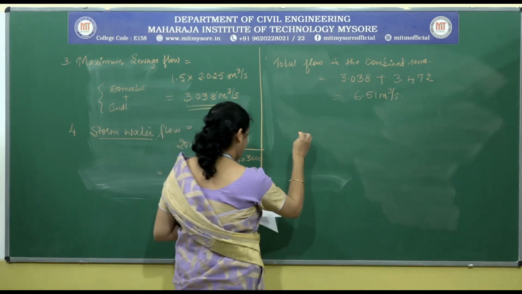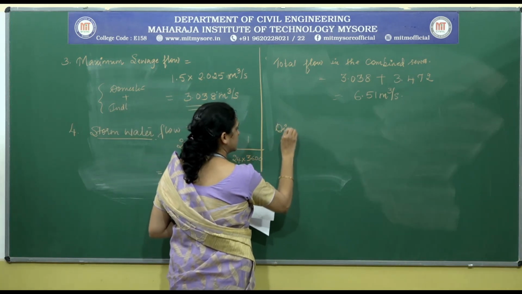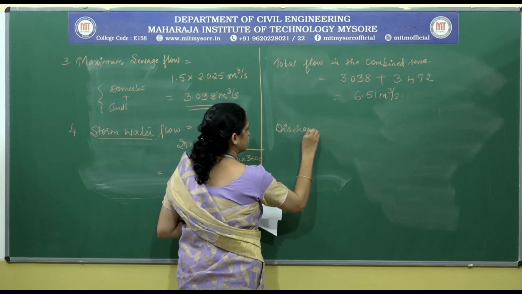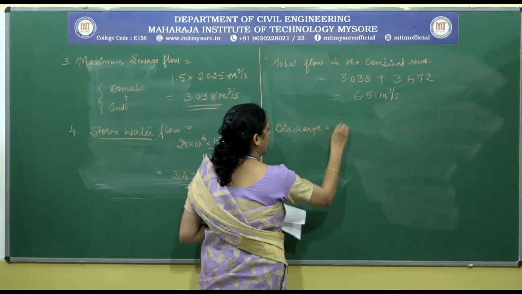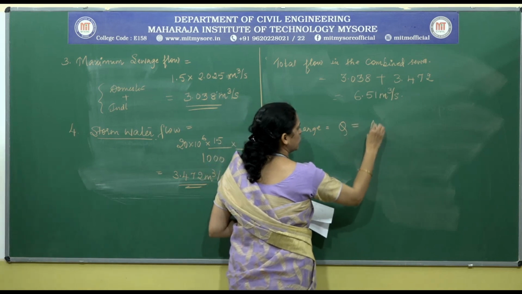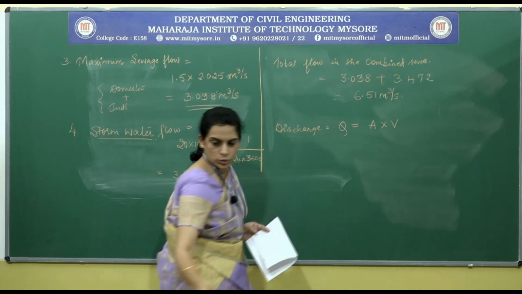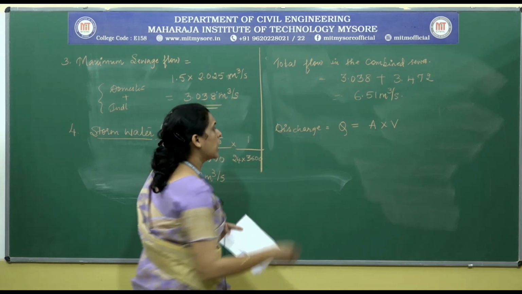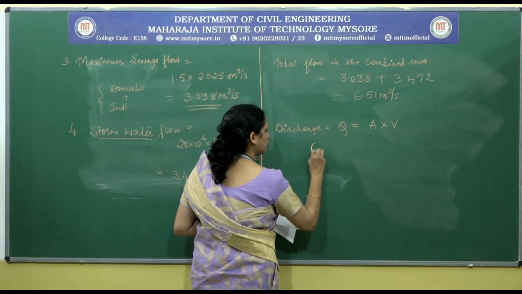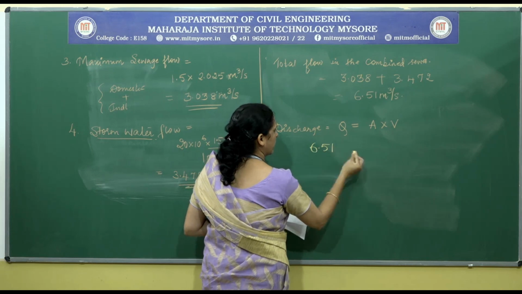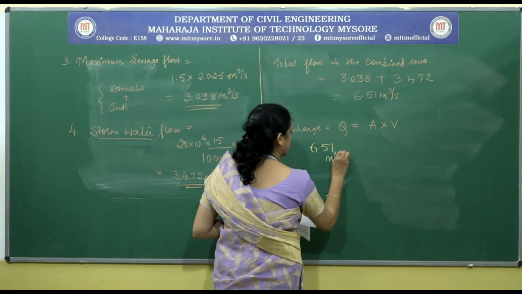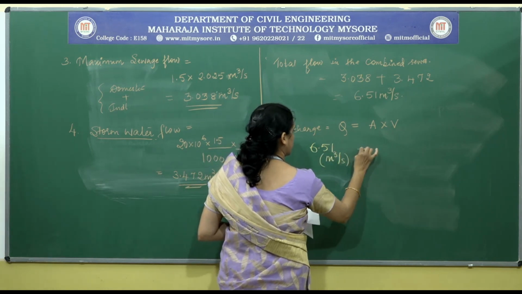So now the discharge here is given by Q is equal to A into V. I know the value of Q, it is 6.51 meter cube per second.